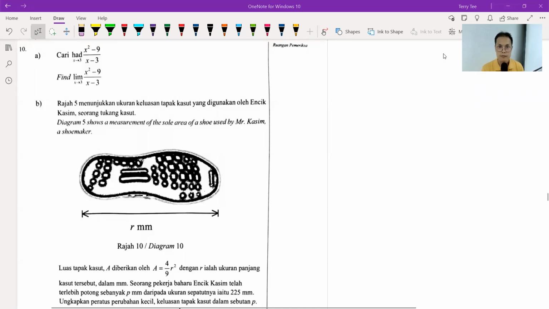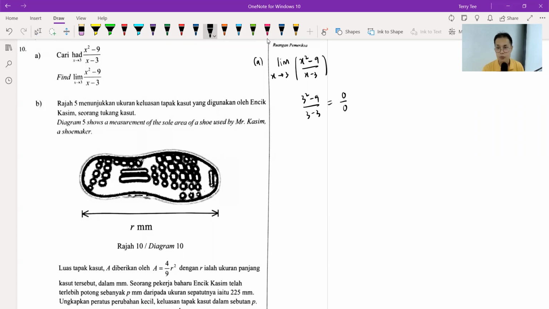Okay, question number 10. Both parts are from the chapter differentiation. The first part is the limit. I hope you know how to find a limit. Before we substitute, we need to simplify. If you substitute directly, you get 3 squared minus 9 over 3 minus 3, which is 9 minus 9 over 0, so 0 over 0. 0 over 0 is undefined, not infinity, so we cannot find the value.